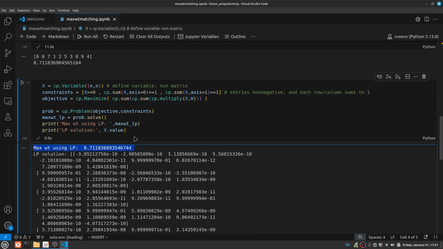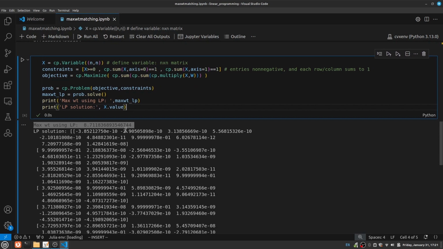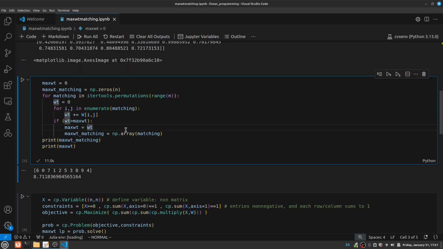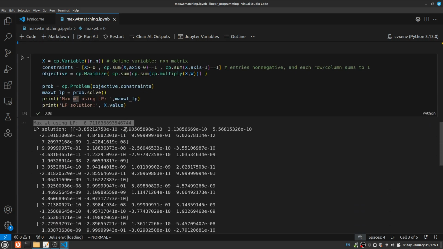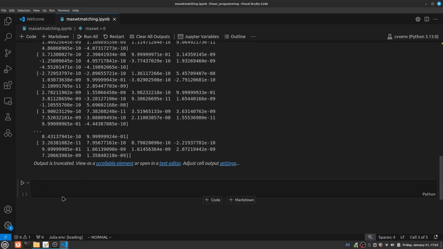But I can also try to plot the solution itself. So right now in this case, I wanted X to be a 0-1 matrix. But using my linear program, I don't know whether I'm going to get a 0-1 matrix or not. Potentially, I could get a matrix with values between 0 and 1. Correct? So let's see if that happens.